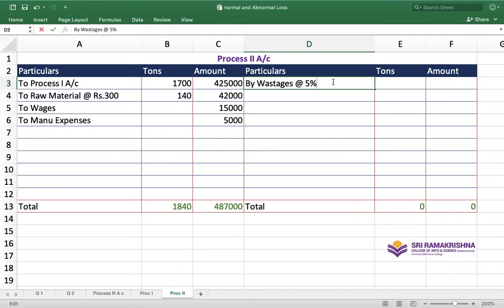So we have to find what is 5% of 1,840. 1,840 into 5%, it is 92, and there is no value for wastages. Next, by normal loss.